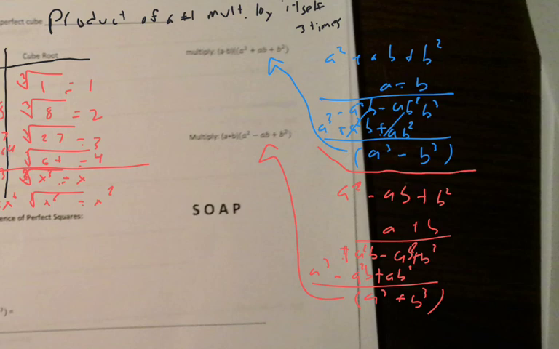So you see this thing down here we call SOAP. I'm sure you've all heard of it before. But if you have the difference of perfect cubes, your first factor will have the same sign. Then your next one will be opposite, and the last sign is always positive. So that's what SOAP stands for. So we'll write that in.